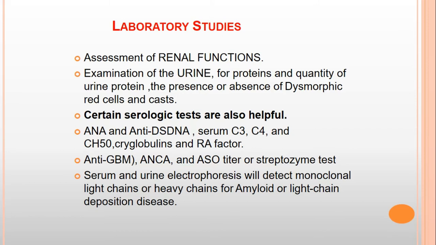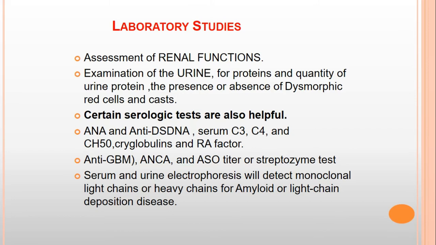Certain serological tests lead to diagnosis: ANA, double-stranded DNA, serum C3 and serum C4 levels, CH50, cryoglobulins, and RA factor. Anti-GBM, ANCA, ASO titer, streptozyme test.